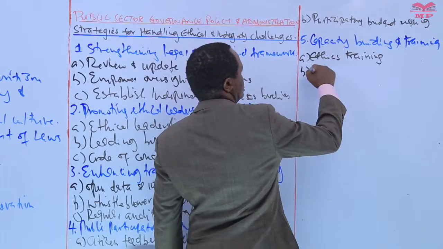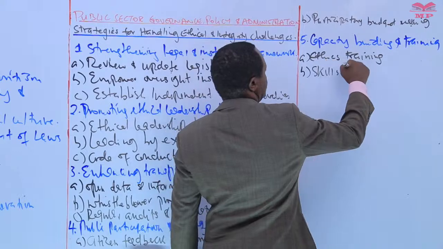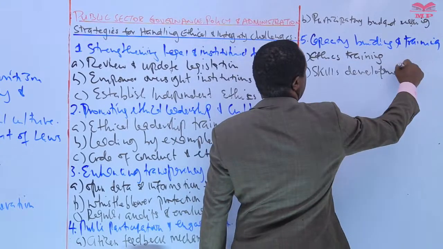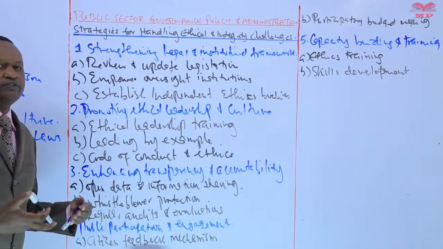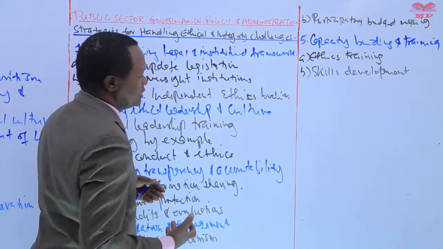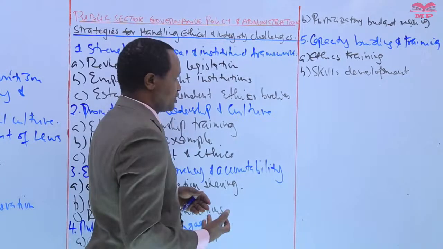2, skills development. That means investing in skills development, which can help enhance the capacity of public servants to deliver quality services and resist corrupt practices.